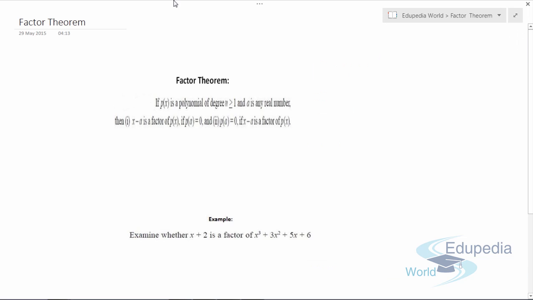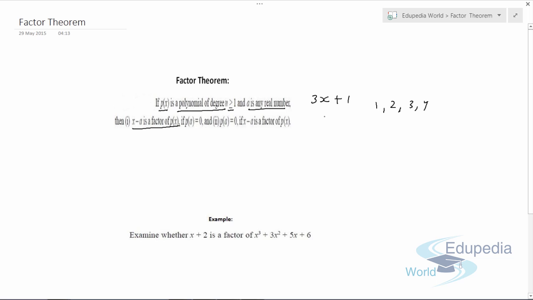Okay, now listen carefully. Suppose we have a polynomial p(x) whose degree is greater than 1, like 3x plus 1. Now if a is any real number, it can be any number like 1, 2, 3, 4.